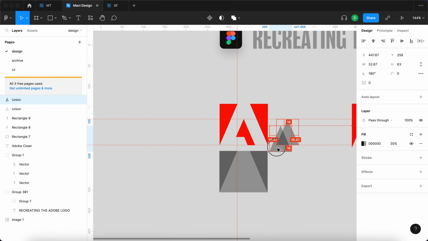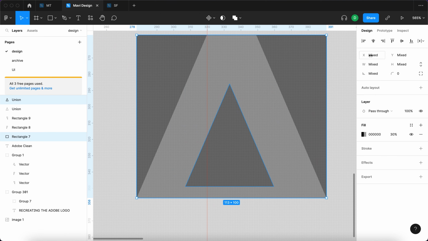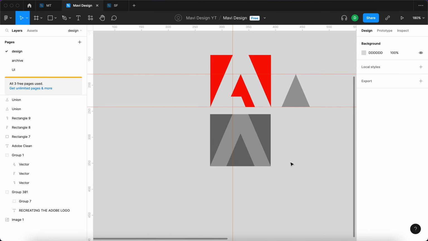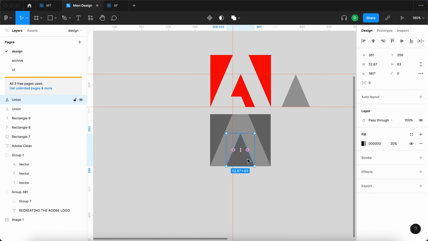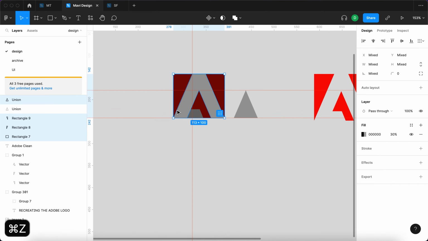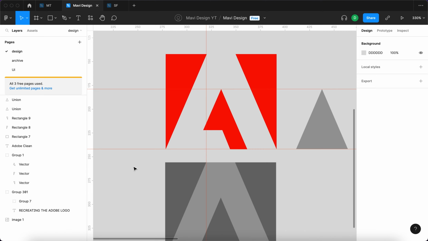So when I duplicate this triangle and put it over here and align it first to the center of the basic rectangle and then to the bottom of the basic rectangle of the base of our logo, I think we are getting closer to the final Adobe logo, right? When I overlay it on top of the original logo, you can see it's almost identical. Well, it's probably identical. So let's continue.